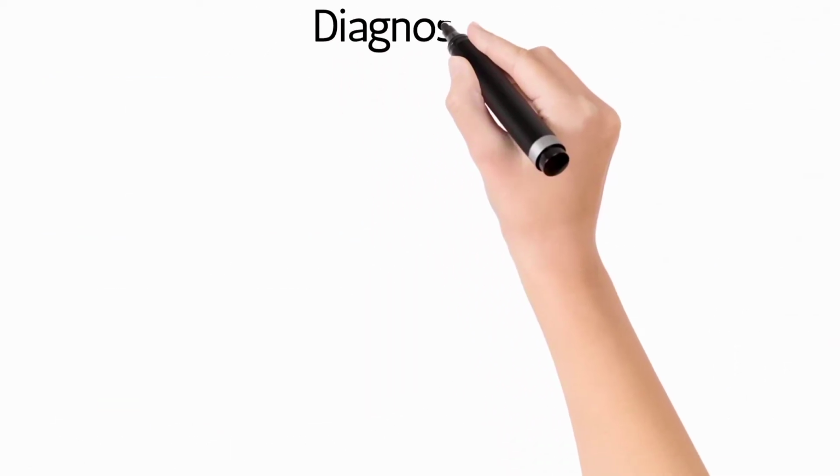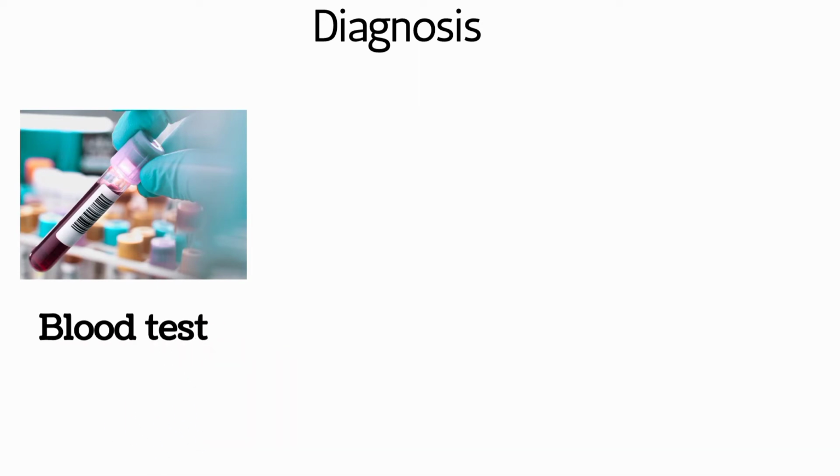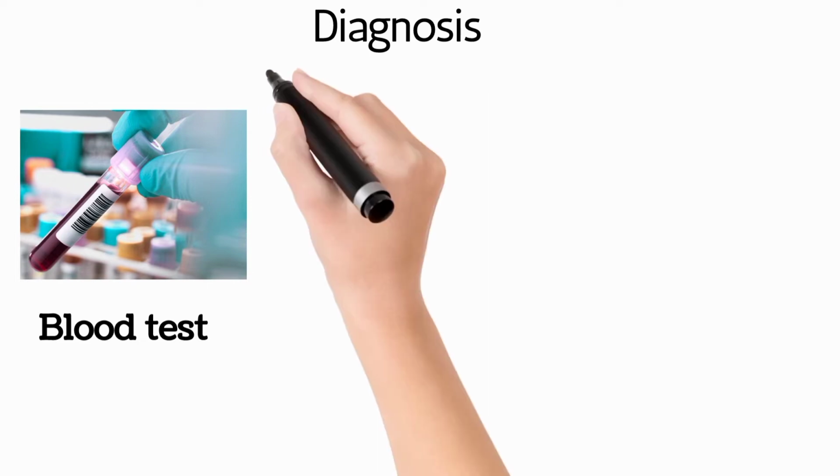Diagnosis. In diagnosing cholecystitis, your health care provider will likely do a physical exam and discuss your symptoms and medical history. Tests and procedures used to diagnose cholecystitis include: 1. Blood tests. Your health care provider may order blood tests to look for signs of an infection or signs of gallbladder problems. 2.